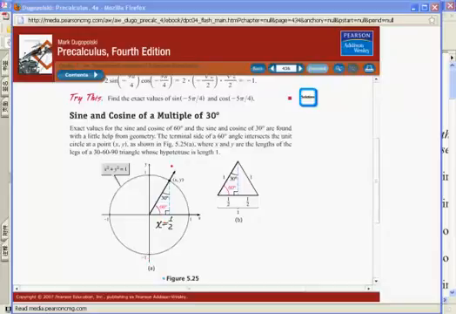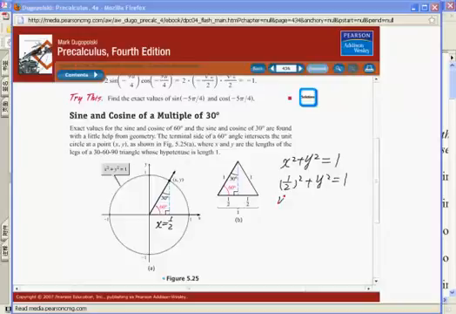At the same time, we know x and y satisfy the equation of this unit circle. So when we have x squared plus y squared equals 1, we plug in 1/2 into this equation, and we get the square of 1/2 plus y squared equal to 1.